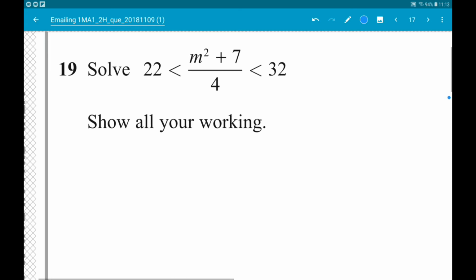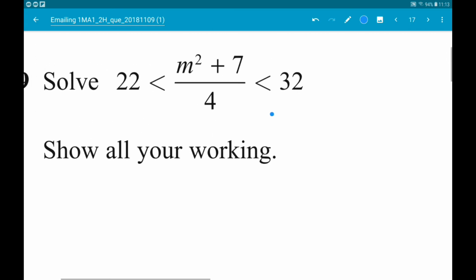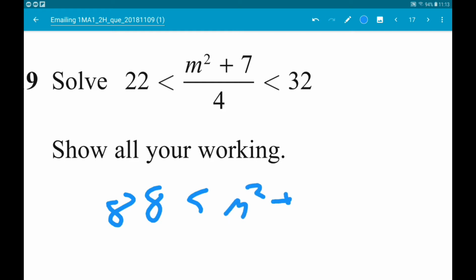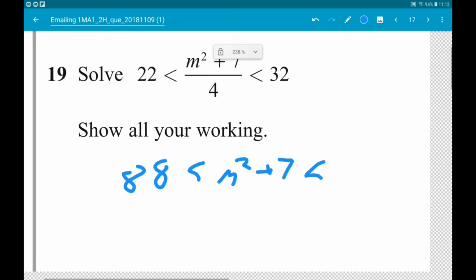So, we're going to multiply through by 4. So we're going to get 88 is less than m squared add 7 is less than 128.